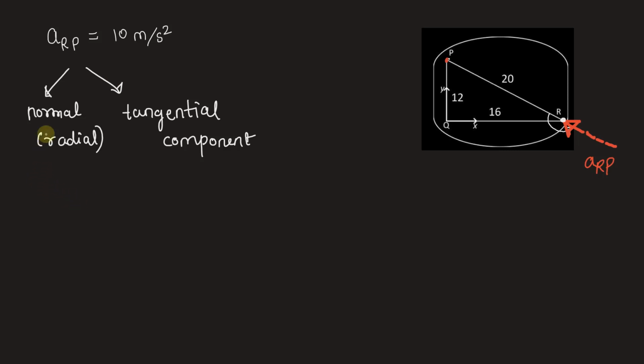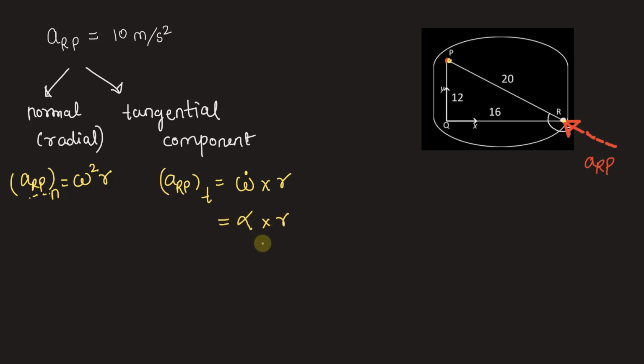The normal component is ARPN, given by omega square R. Omega is the angular velocity of the body, which is same for all the points, and small r is the distance between point P and R, because we are taking it for acceleration of R with respect to P. Tangential component is ARPT, which is given as omega dot into R. Omega dot is nothing but angular acceleration alpha into R.